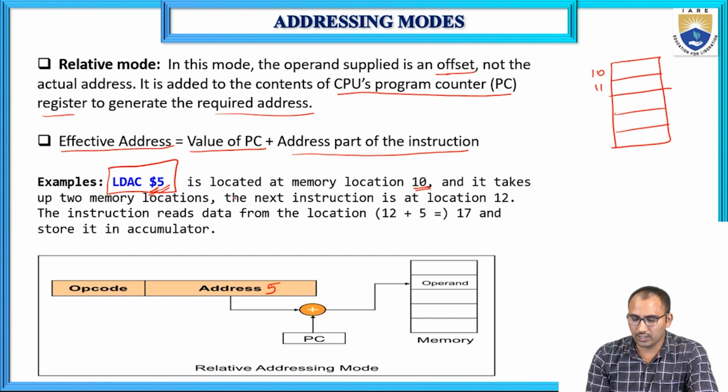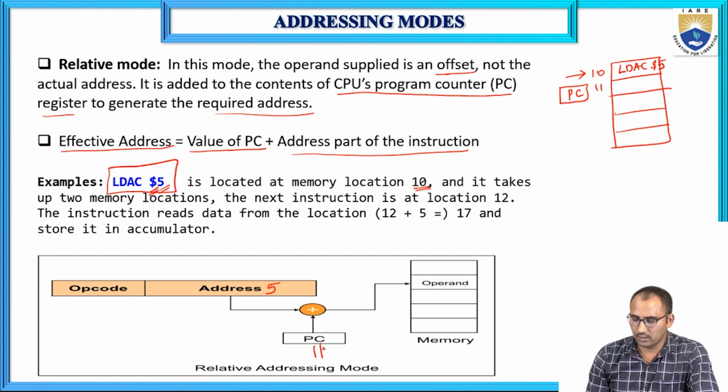At the 10th location, what is the instruction? LDAC 5. When this instruction is executing, the address of the next instruction is stored in the program counter. So the program counter address is 11.